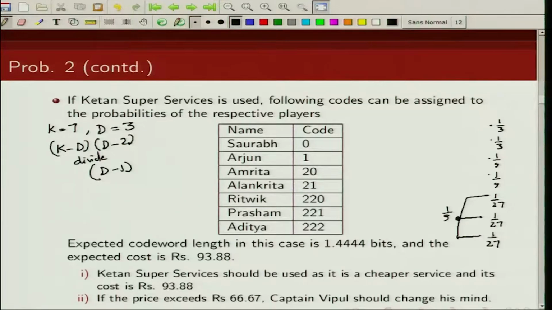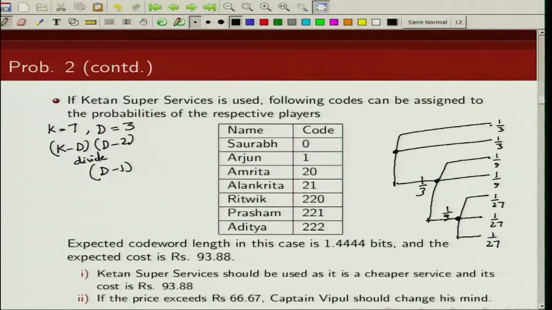Next we combine this node and this node, and their probability is 1 by 9 plus 1 by 9 plus 1 by 9, that's 1 by 3. And finally we combine these 3 nodes. This is the root, with probability 1.